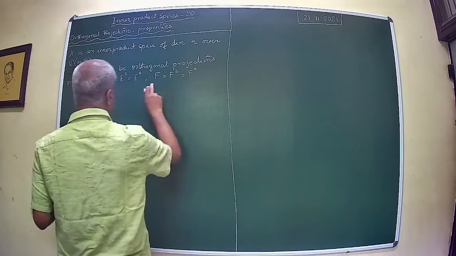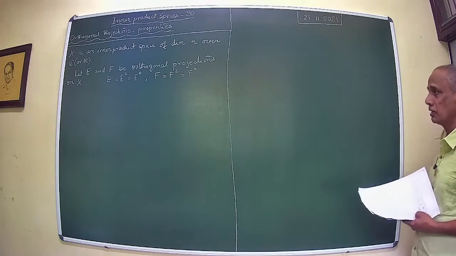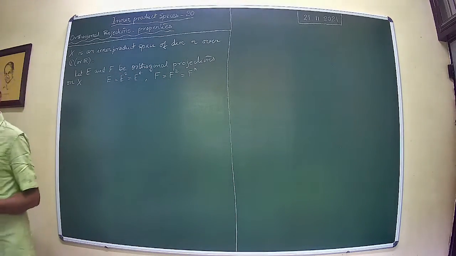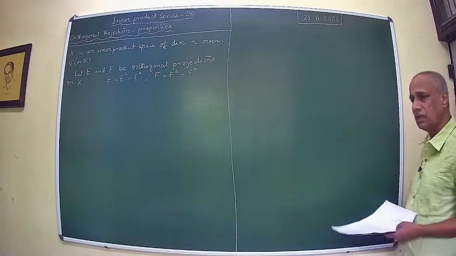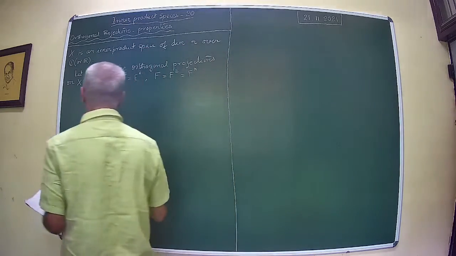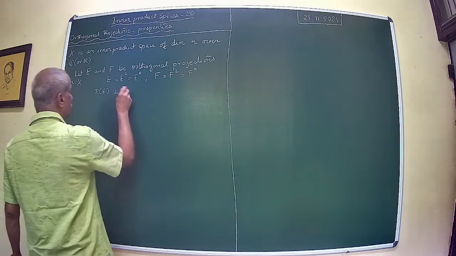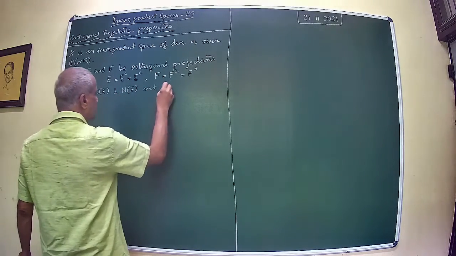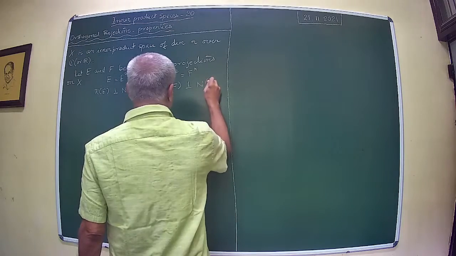So the first part, E equal to E square, assures that E is a projection, and E equal to E star along with that assures that E is an orthogonal projection, by which you mean the range of E is orthogonal to the null space of E. So also the range of F is orthogonal to the null space of F.